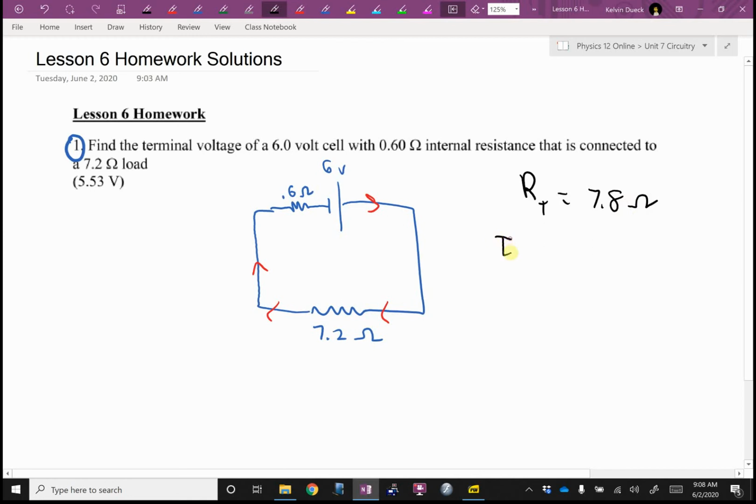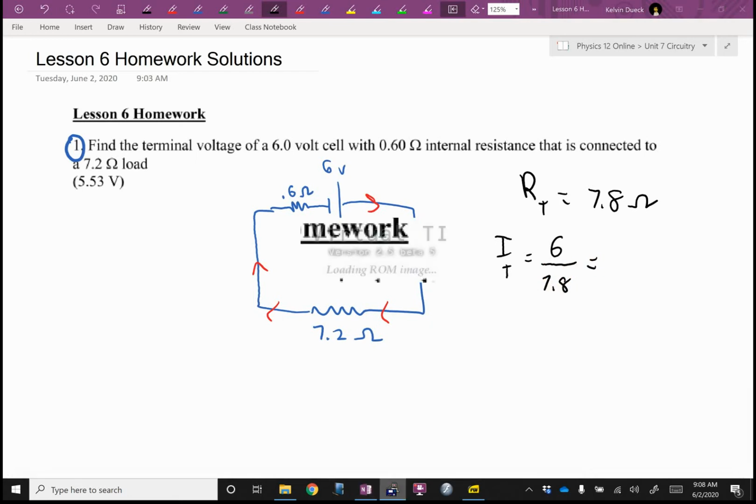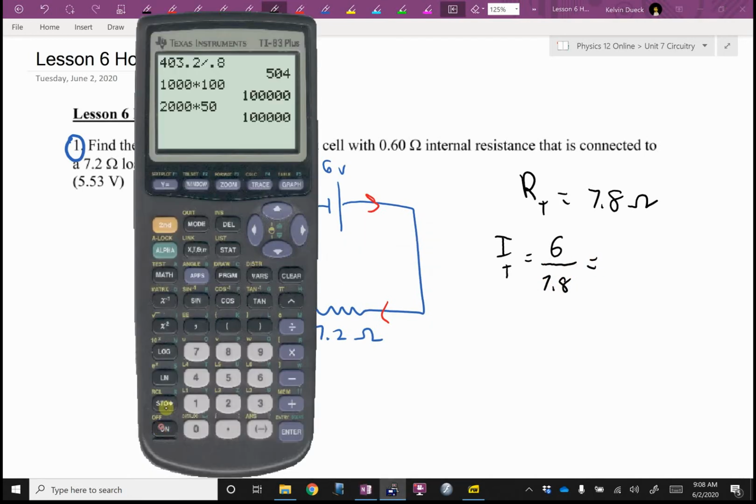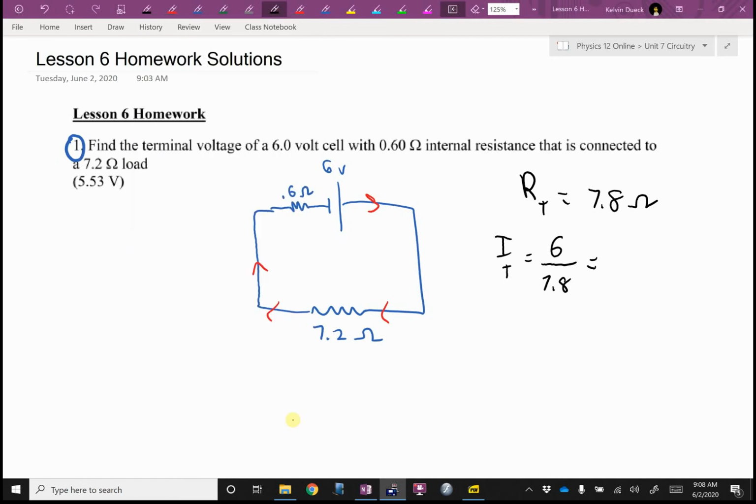So I total is going to be V over R total. It's going to be 6 divided by 7.8, which is 0.7692.